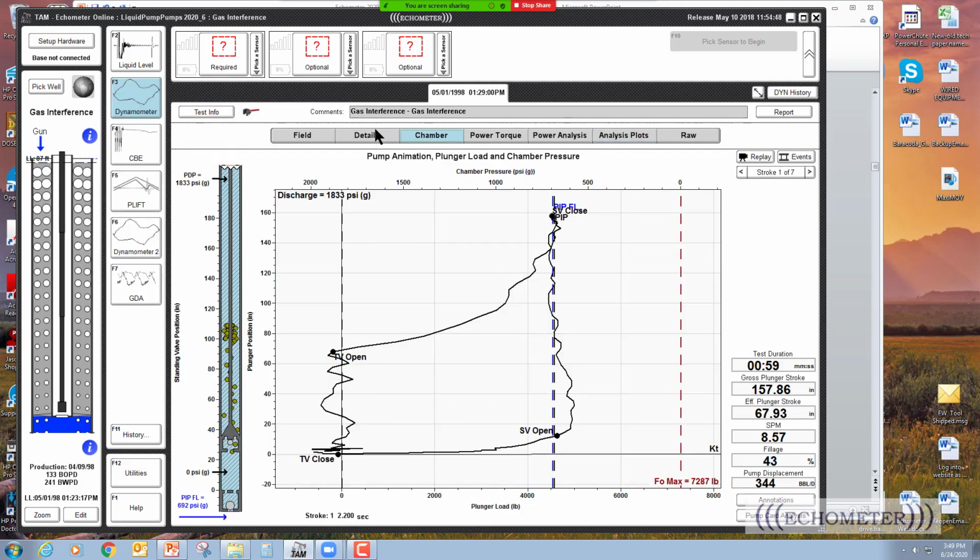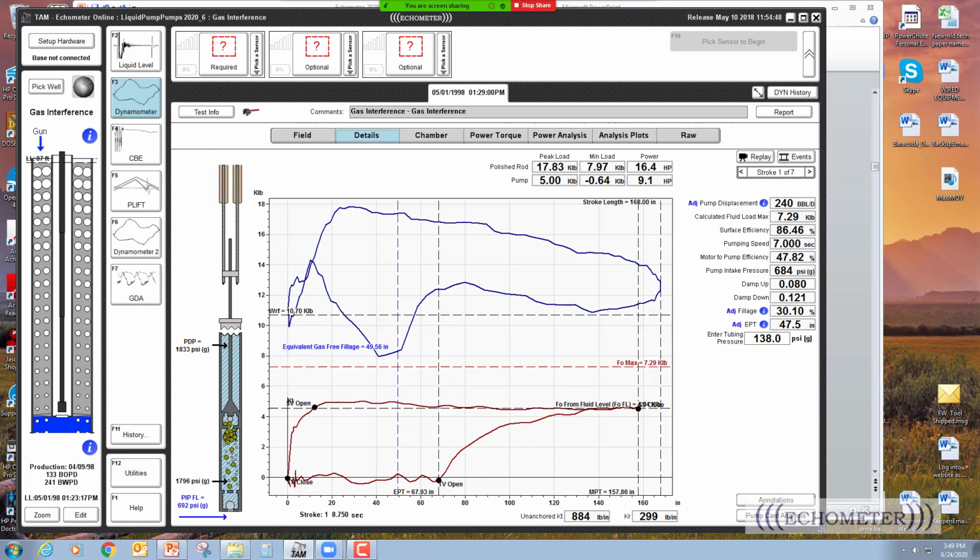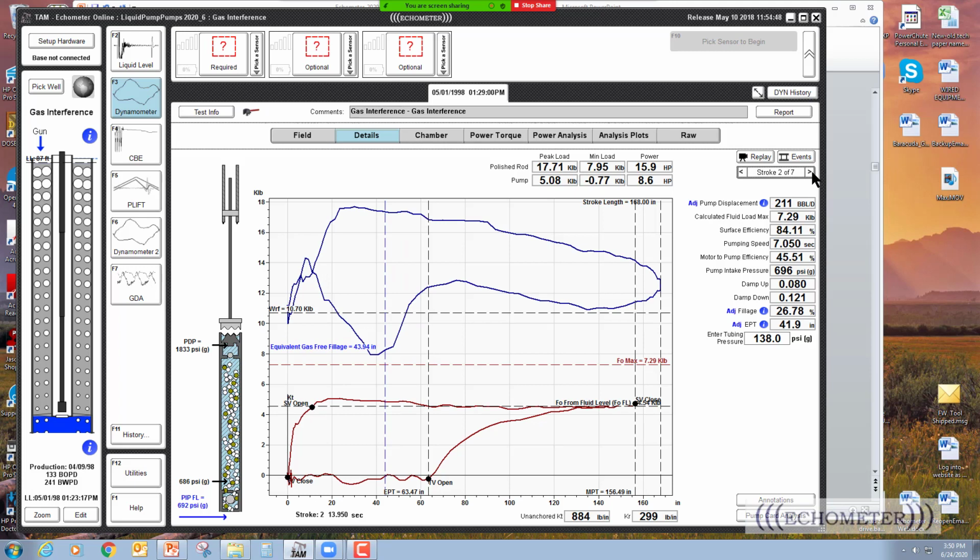when I go to the Details tab, I want you to notice that this line right here is positioned on this pump card based on what? Based on that point and that point and the compression and the amount of liquid inside the pump chamber. If I go to a different stroke, those points move.